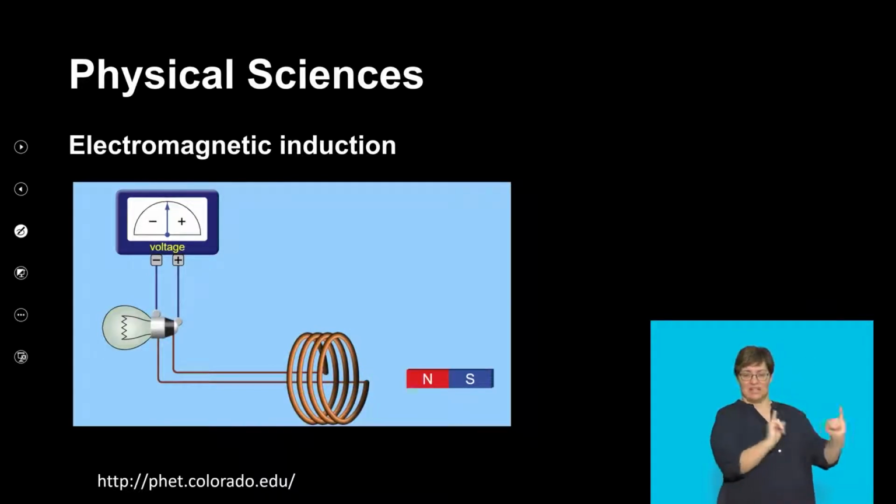And so I remind you that it's all about a moving magnet and its relationship to a coil. So if we move the magnet towards this coil, then we're going to see that there's a change in the magnetic flux that is passing through the coil.